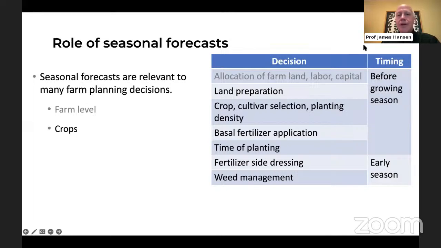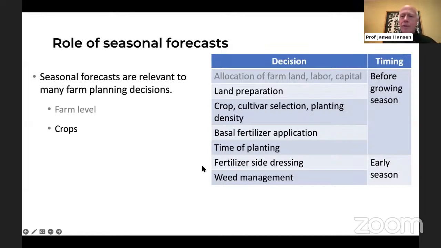For crops, things like land preparation, selecting what crops, cultivars, planting density, initial fertilizer application, time of planting, all these need to be made before the start of the growing season, before the crop is planted.